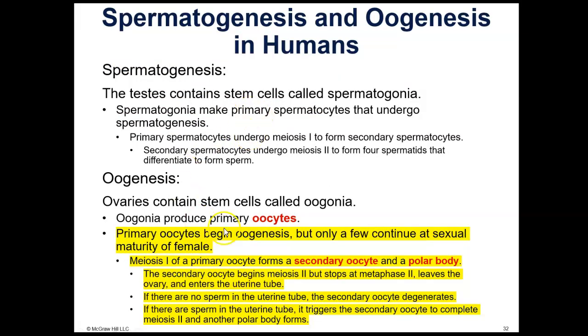And the only thing I want to say here about oogenesis is it's just a little bit different, okay? Females begin producing oocytes, which are immature eggs, before birth. The primary oocytes are going to start oogenesis.